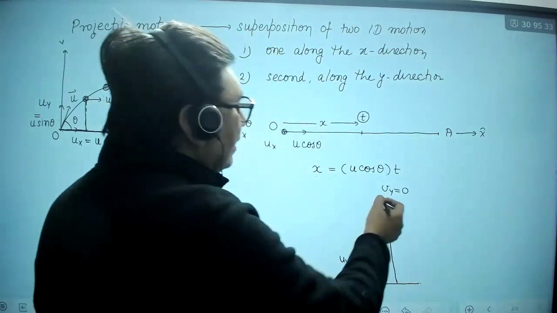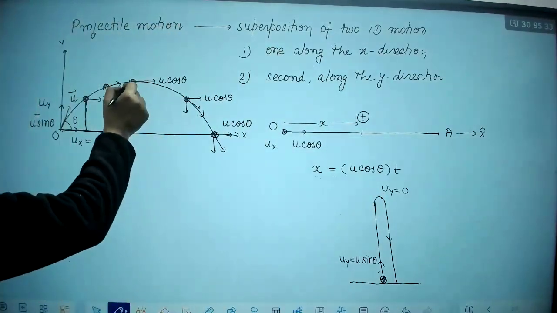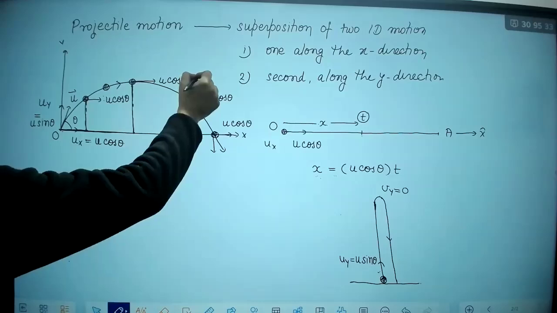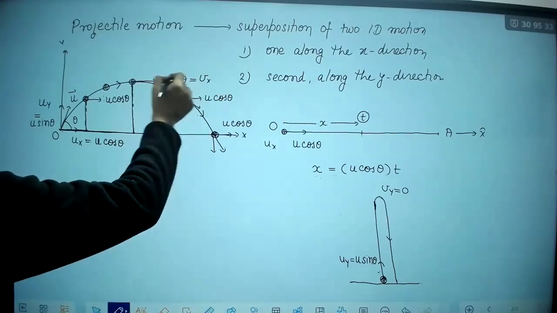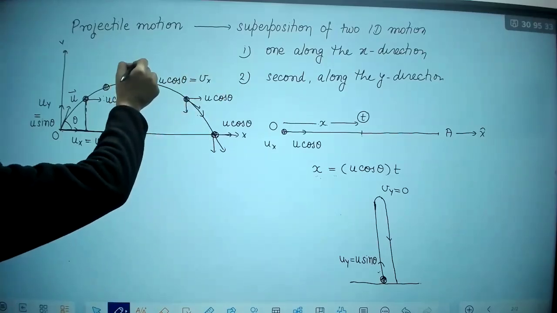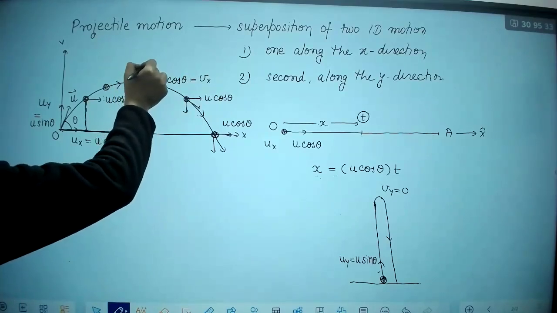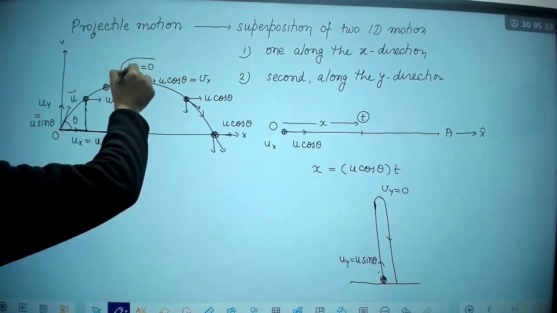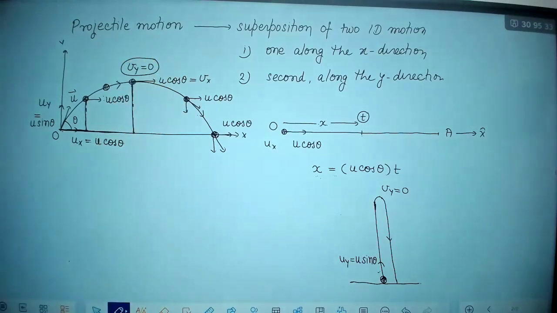If you look at this highest point, this is Vx, and here at the highest point, this will be Vy, and Vy will be 0. So remember this aspect: at the highest point, Vy will be 0.